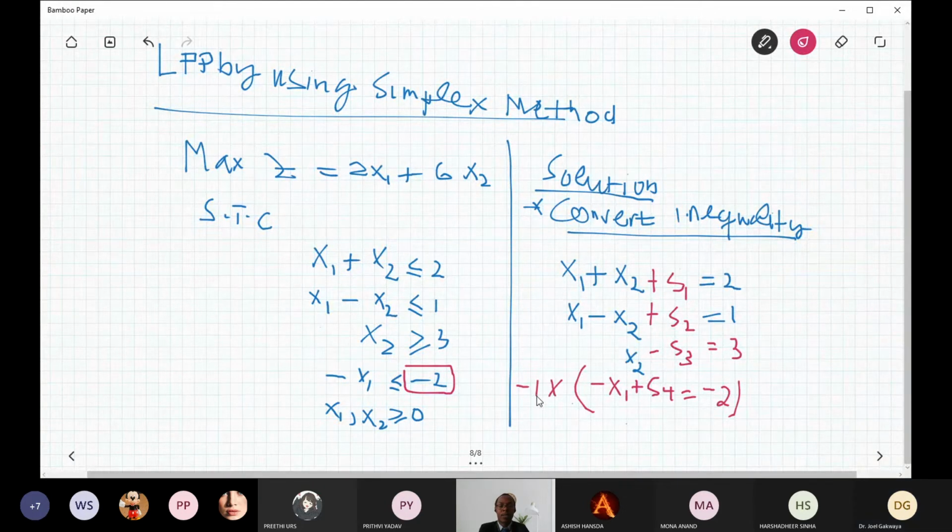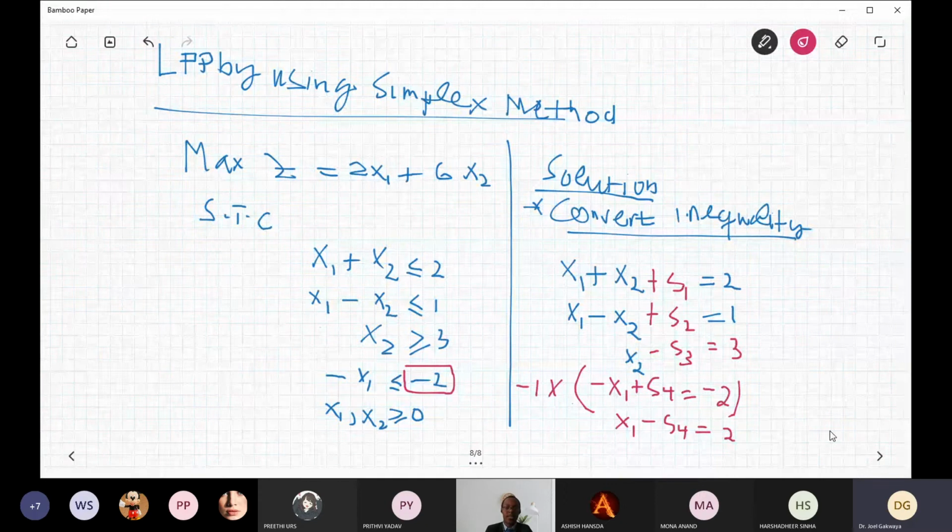This is going to give us x1 minus S4 is equal to 2. This is important to understand.